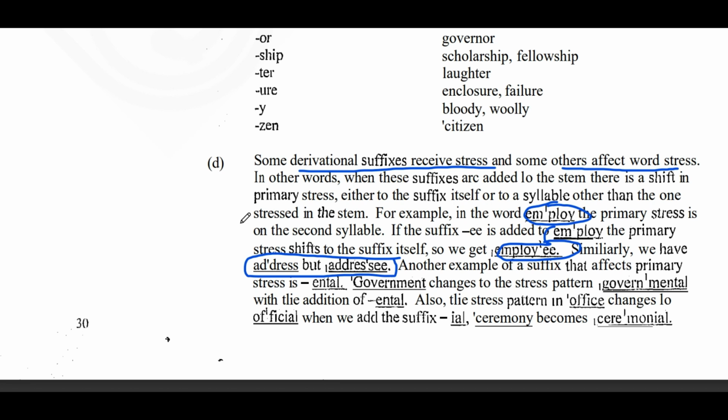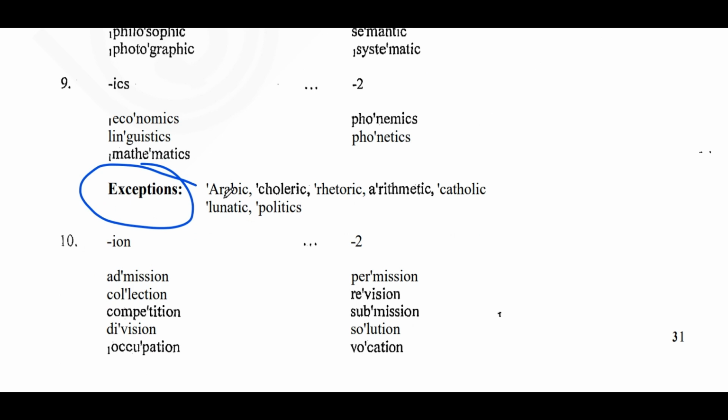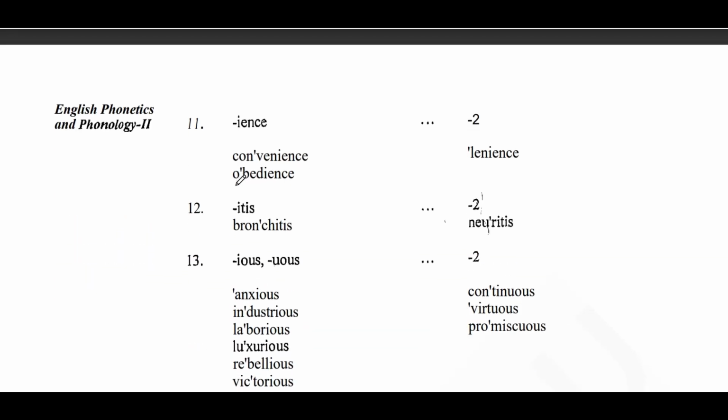From employ, where I'm stressing on the middle part, ploy, now suddenly I'm stressing on employee. So what am I stressing on? I'm stressing on these two new E's which I have added. So this is the fourth rule. And then they have given more examples here. You could check. They have also given some exceptions like Arabic, choleric, rhetoric, arithmetic, which do not follow these rules.